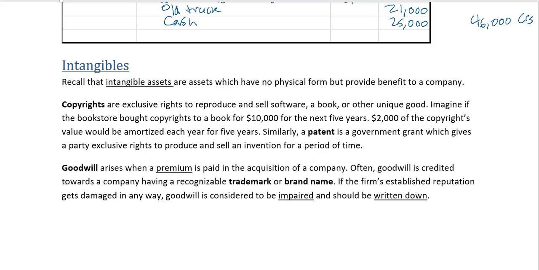Any time you take over somebody's business and you pay a premium, the premium means something. It could be a client list, it could be a brand name, it could be something like that. But you should test to see if you still have that value every year, I would say, or even sooner. And if you don't, you write down goodwill.